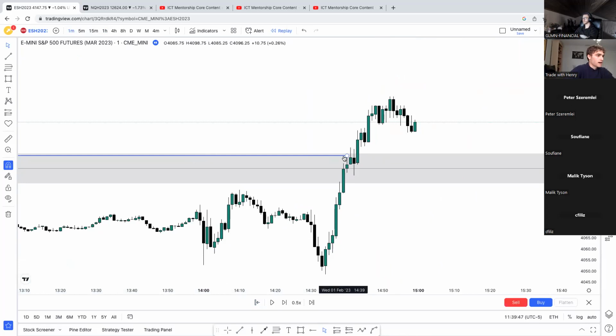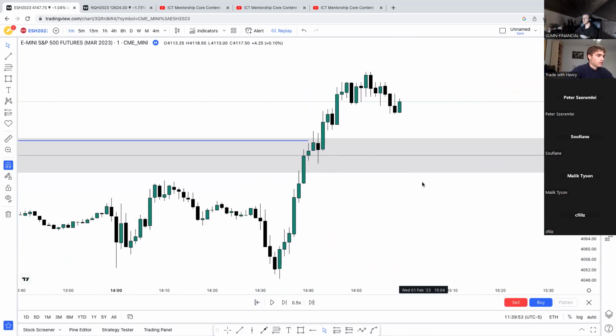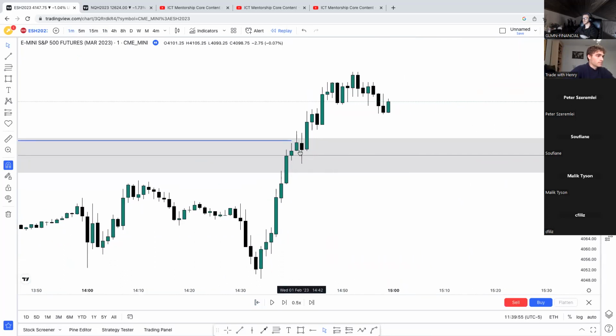I'll tell you what, this is the body of that candle. We traded through the high right here, and then this is the consequent encroachment, or the mean threshold, of it. Once we're above it, it's acting as that mitigation block. So above, it trades back down.